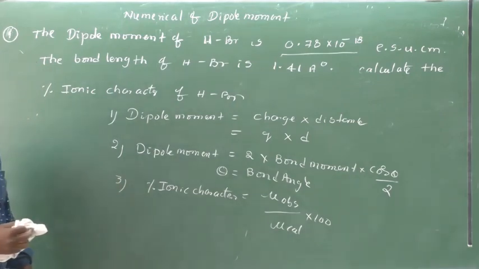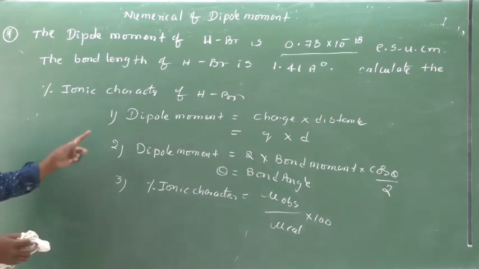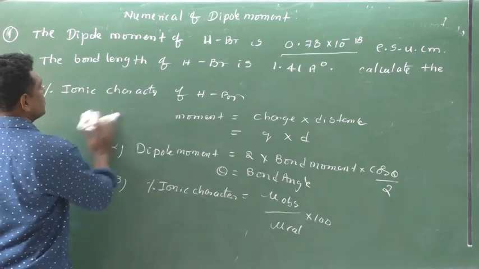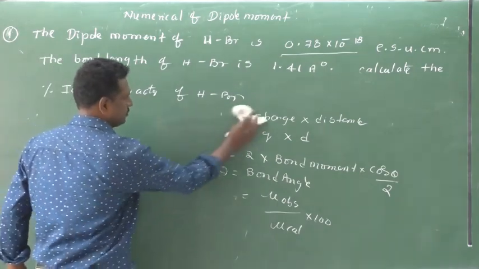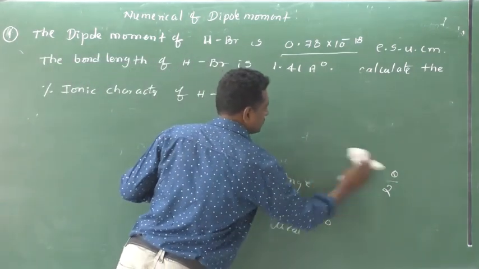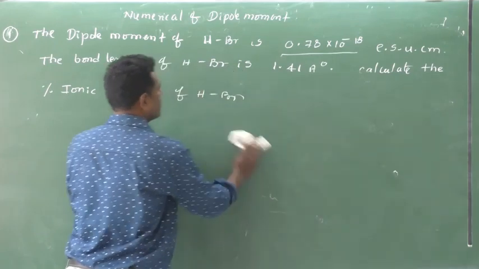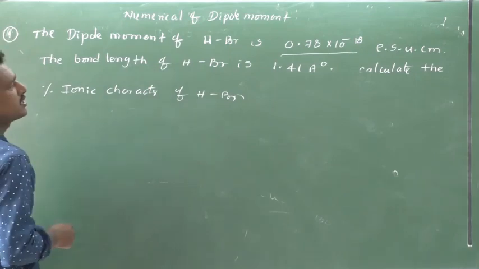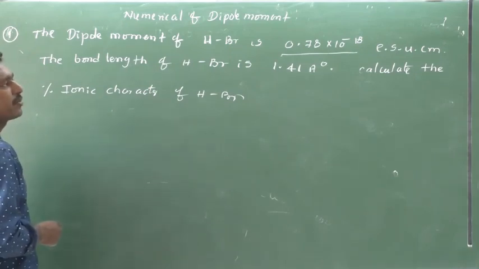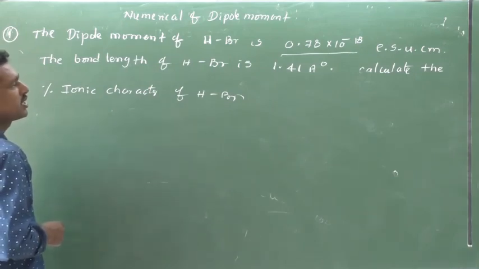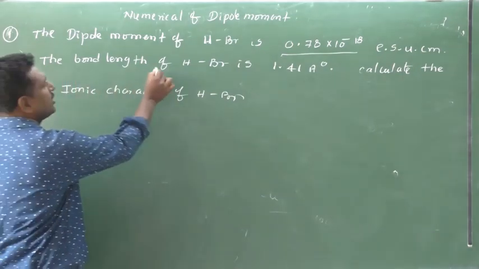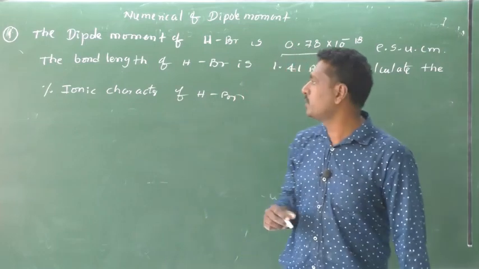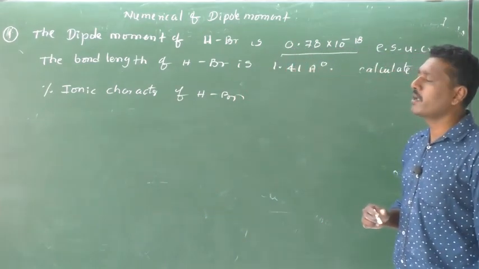Now first we will discuss the first problem. Here the dipole moment is given in one problem. I will explain the first problem. The dipole moment of HBr is 0.78 into 10 power minus 18 ESU centimeters, and the bond length of HBr is 1.41 angstroms. Calculate the percentage ionic character.